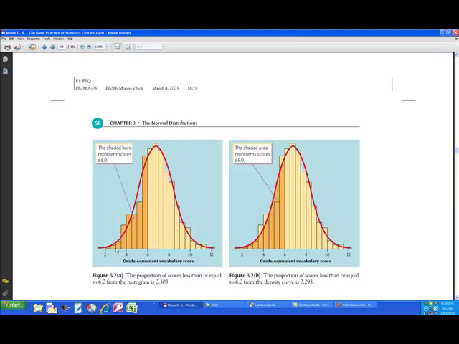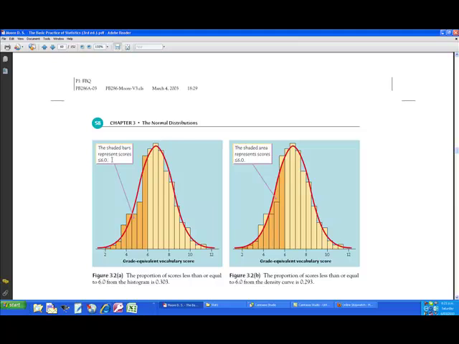So we could ask how many got between 2 and 2.5, and that would be the height of the first bar, and how many got between 2 and 3, and that would be the height of the first 2 bars. Okay? The shaded bars represent the scores that are less than or equal to 6, right?